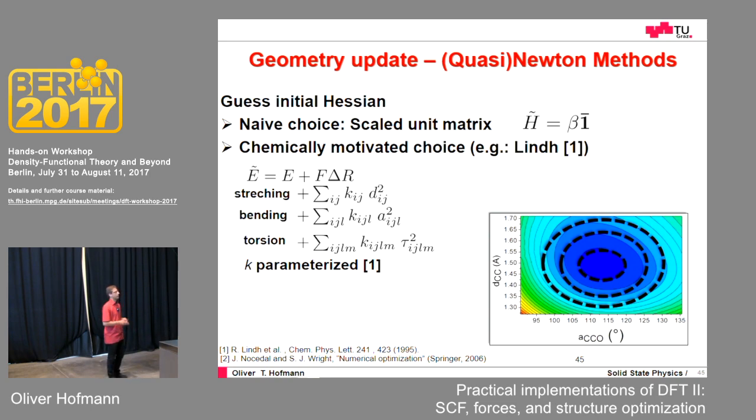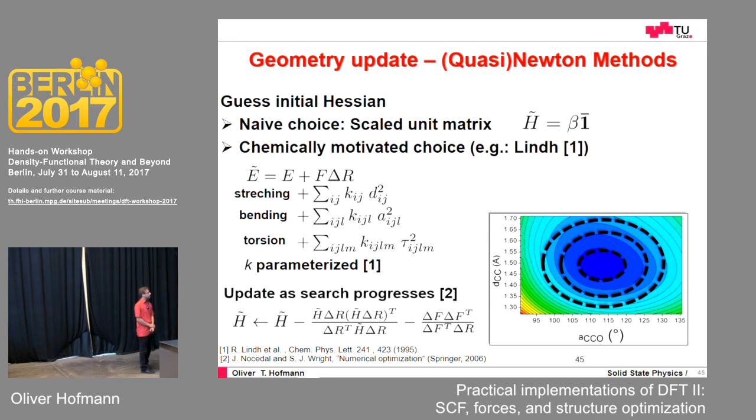In my experience, this works reasonably well. There are still quite a few instances that I unfortunately can't discuss in detail right now, where a Lindh Hessian is not good enough, and where you can start from what looks like a reasonable guess, where you would just have to tilt your molecule by a little bit, for example, that is not properly explored.